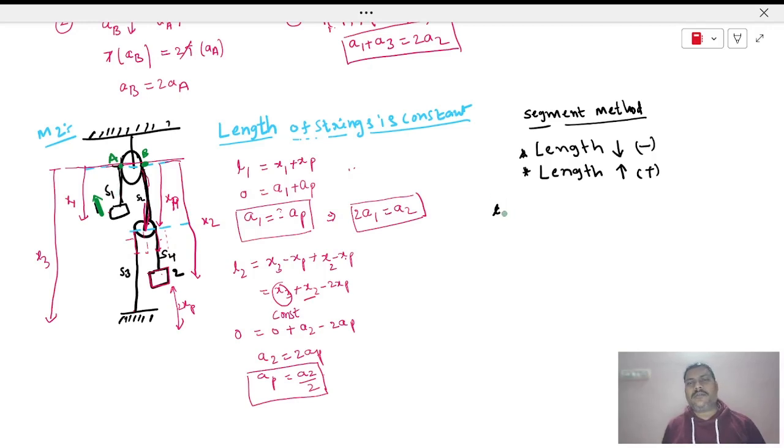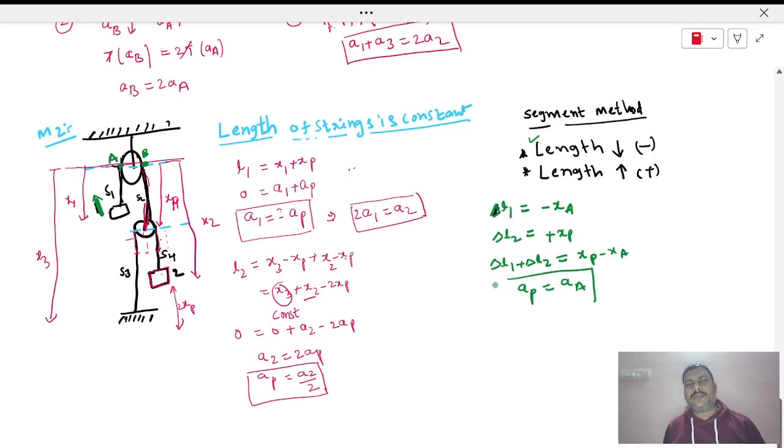So delta L1, the change in length of segment 1, is equal to minus xA. Now in segment 2, delta L2 is increasing, that is right, so delta L2 is equal to plus xP. The total length is delta L1 plus delta L2, these being changes in length. So xP minus xA, and the derivative of the total length will be 0. That gives aP equal to aA, so A1 is equal to AP. See, the same equation.